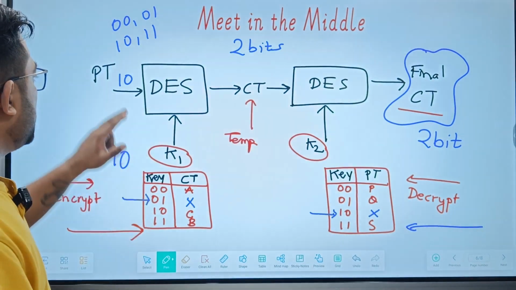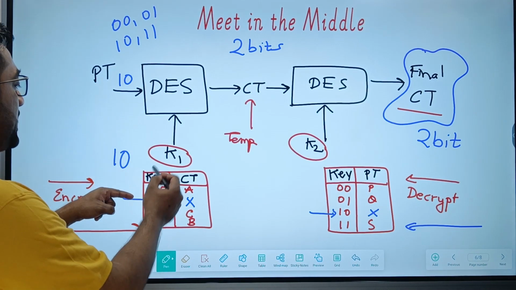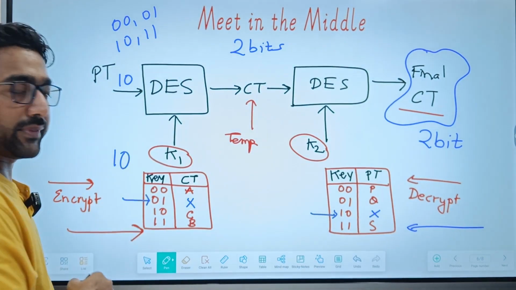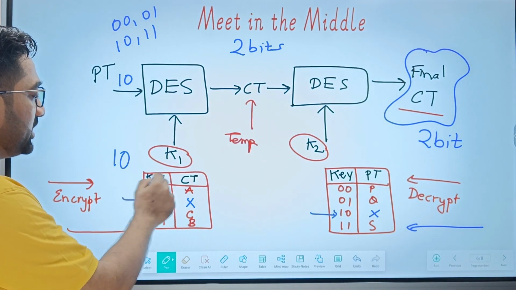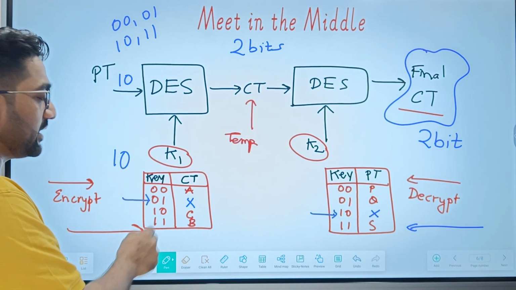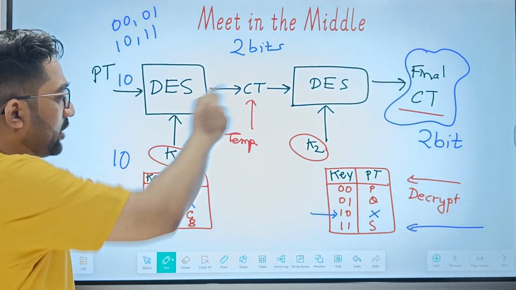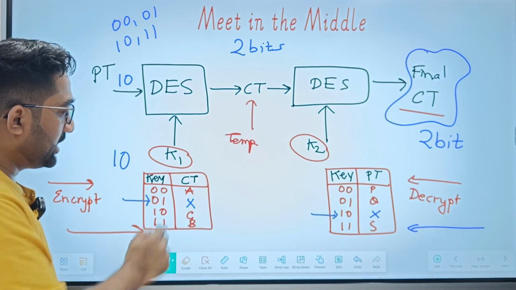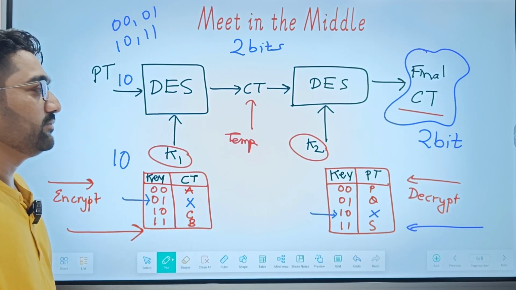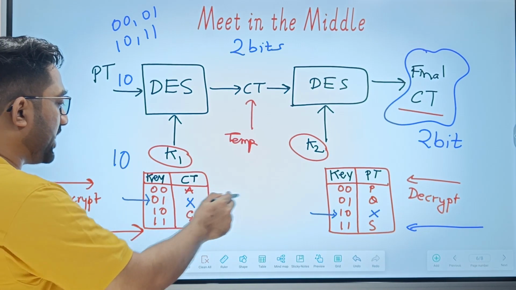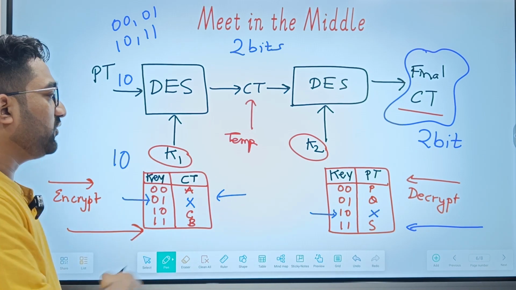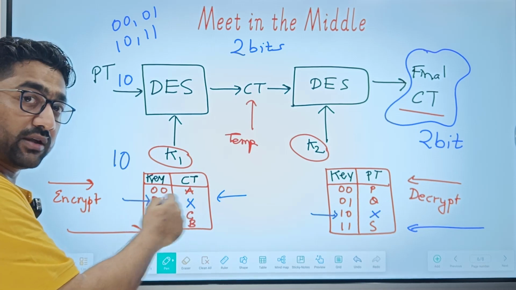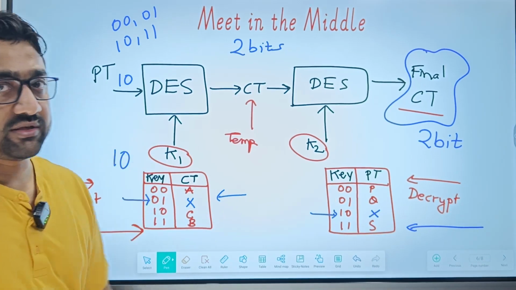This plain text 10 will be applied with 4 different combinations of keys, that is K1. So 10 along with the key 00, 01, 10 and 11 will give 4 different outputs. The attacker records them in a table, that is A, X, C and B, just for example. These are the 4 values which the attacker got after applying the key K1, that is 00, 01, 10 and 11, on the plaintext 10.